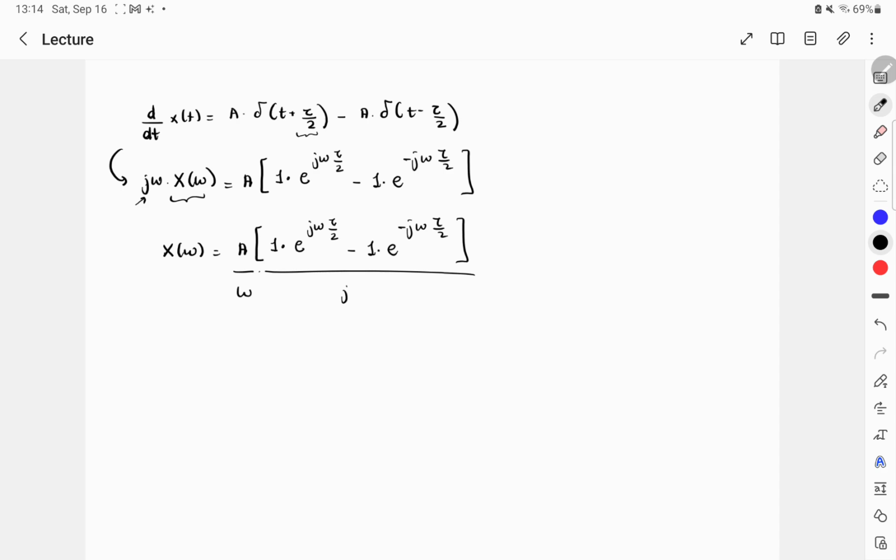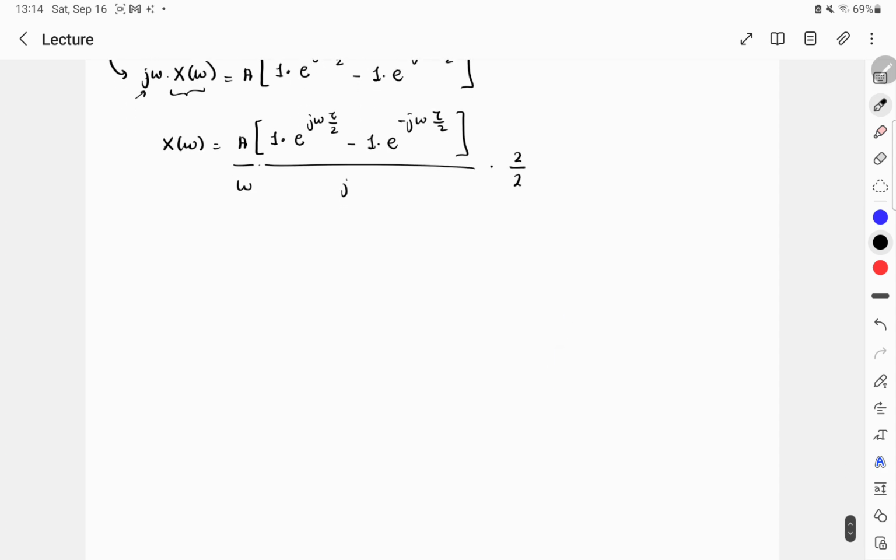Let's assume it's just a trick to show you something. If I multiply by 2 and divide by 2, the expression won't change, but we can express this value over here as a simplified version, which is sine of omega tau over 2.